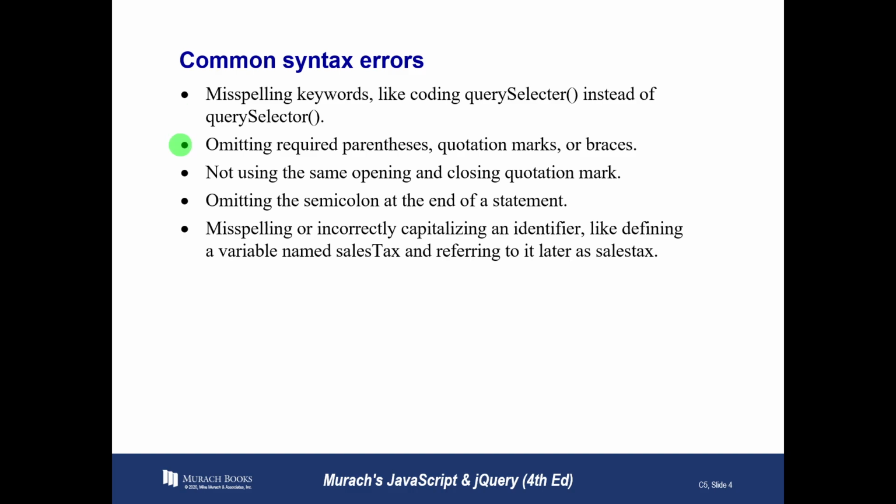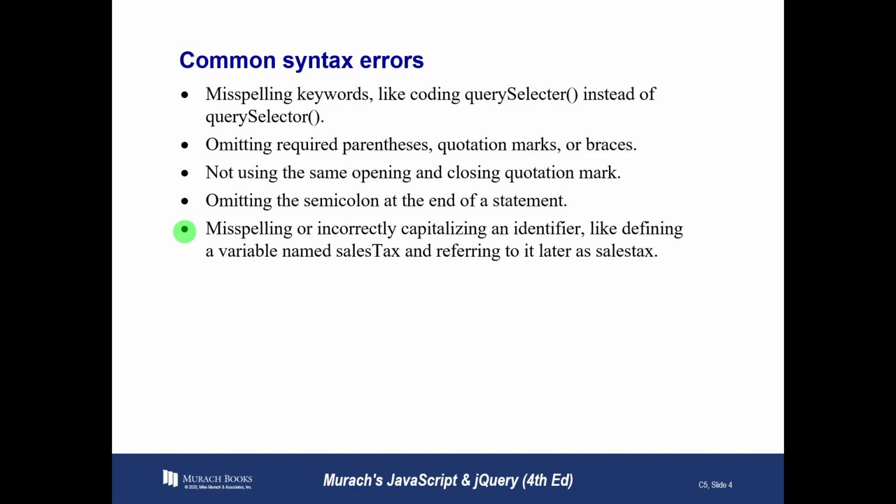Omitting required parentheses, quotation marks, braces, or other punctuation. Not using the same opening and closing quotation mark. JavaScript lets you use single quotes or double quotes for strings. If you open it with a double quote and try to close it with a single quote, you're going to have problems. Forgetting your semicolons at the end of your statements, make sure you put them there.